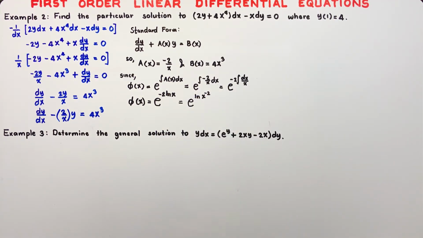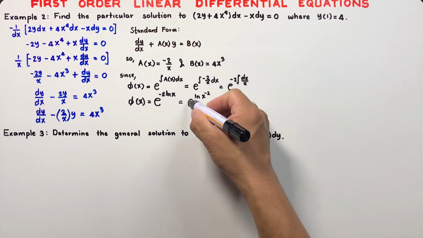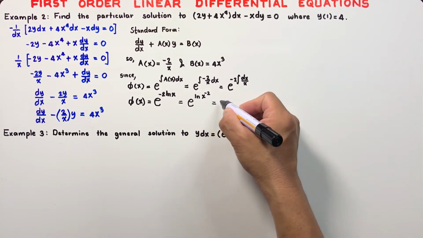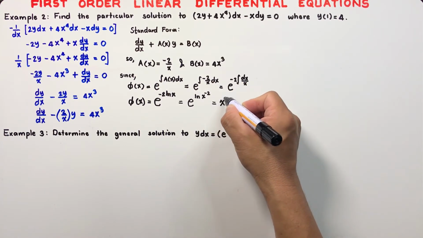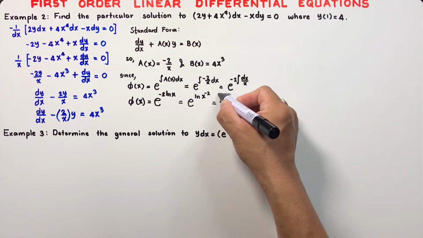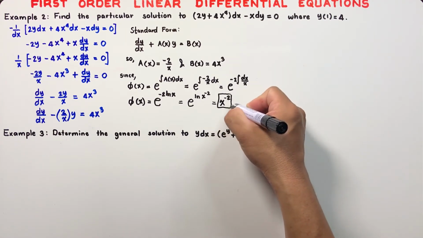And further, by the property of logarithms and exponentials, this e here and this ln here cancel each other. So this is x to the power negative 2, and this is our integrating factor here.